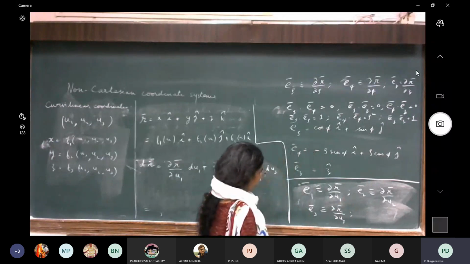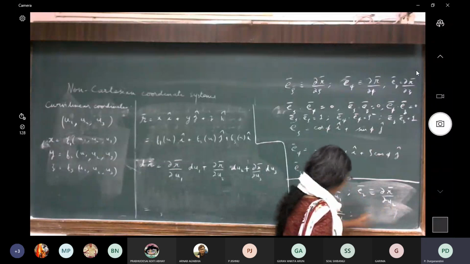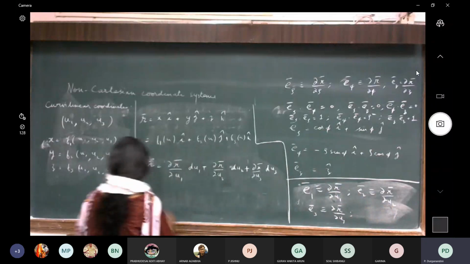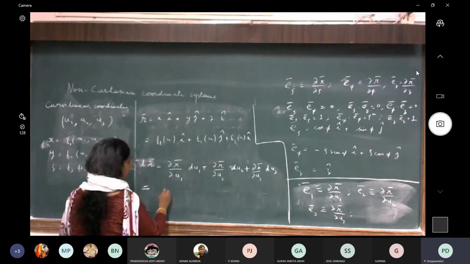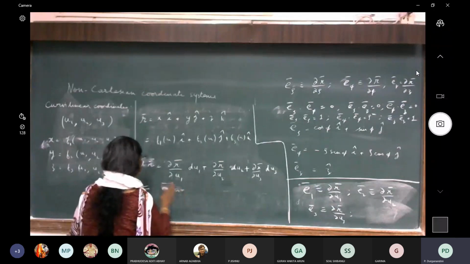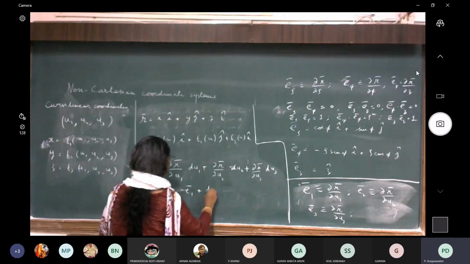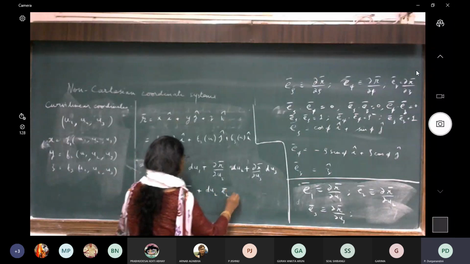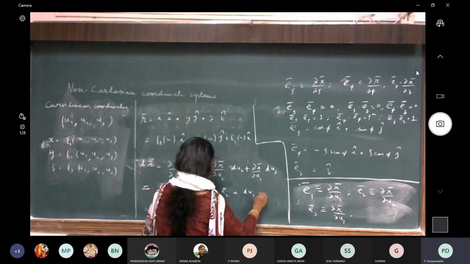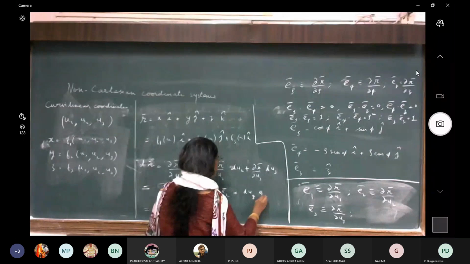So for cylindrical polar coordinates, u1 is ρ, u2 is φ, and u3 is z. So I can therefore write dr as equal to E1 times du1, or I can write it as du1 times E1 plus du2 times E2 plus du3 times E3.